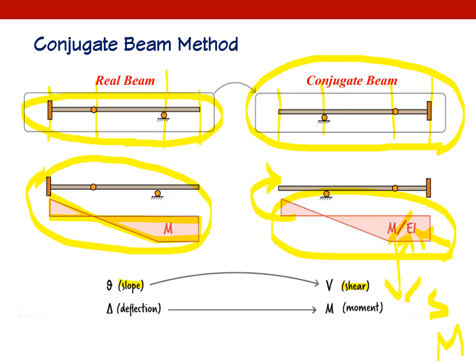So we are going to call M over EI the conjugate load, and apply the conjugate load to the conjugate beam. In that case, we are going to get slope and deflection as shear force and bending moment of the conjugate beam when you apply conjugate load on the conjugate beam.